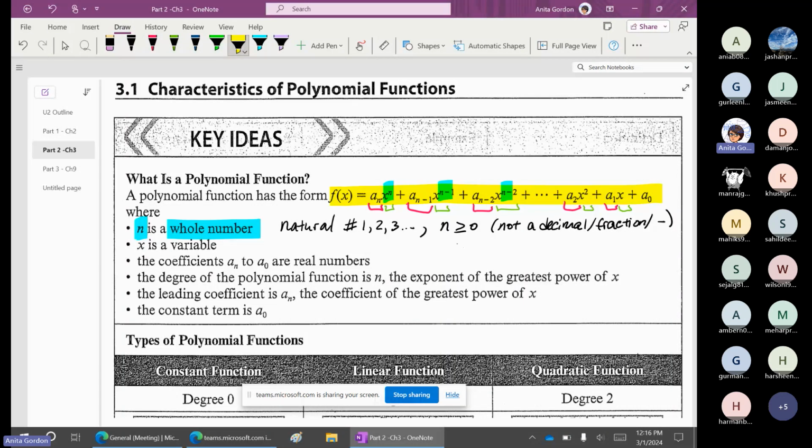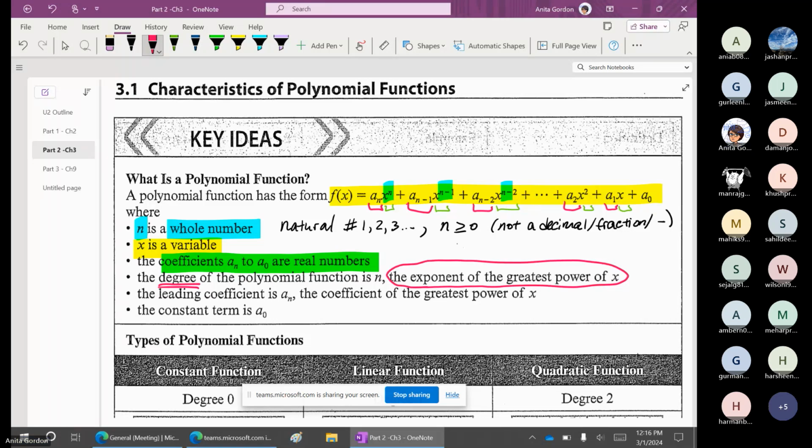In this expression, x represents our variable. Coefficients are represented by the letter a. The degree of the polynomial is the exponent of greatest power. Okay, another note here.